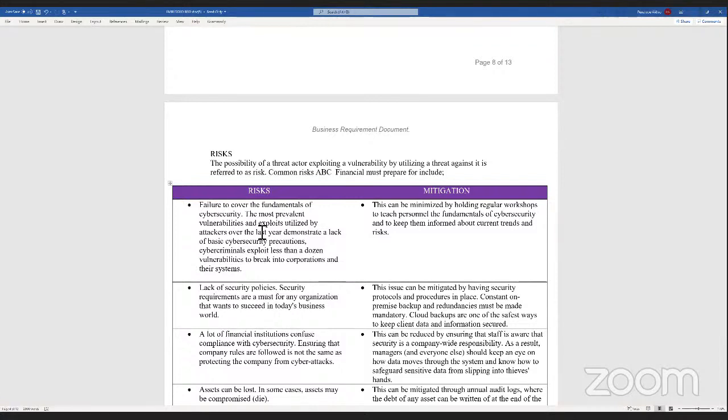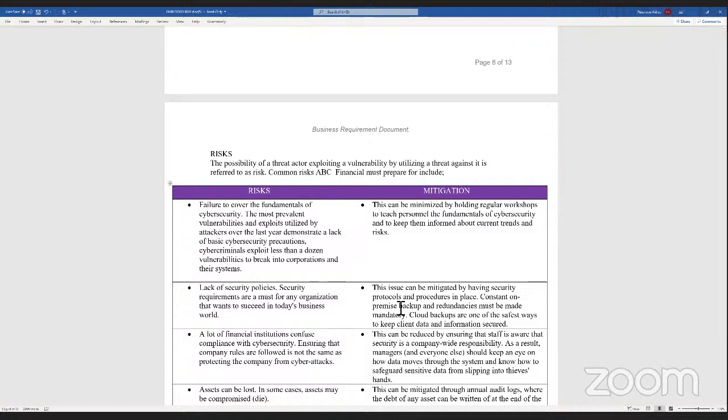So basically, if they hold regular workshops and they're updating their employees on current trends, ABC will be safe. And I also spoke on having security policies in place. Like there should always be a fail-safe. We should back up regularly.